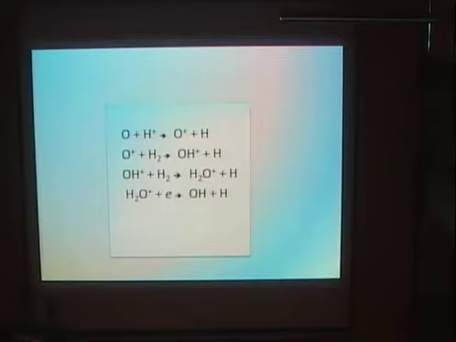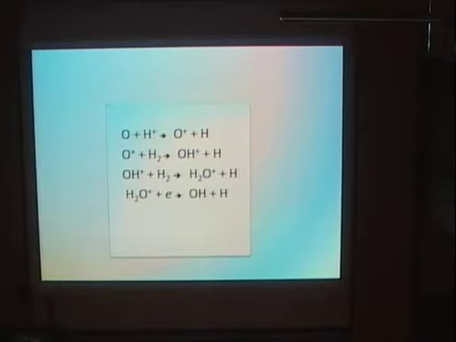So here's some of the chemistry that goes on. These reactions were first written down actually by Bill Klemperer and Eric Herbst of the chemistry department here. So what they show is that this is just an extract from a very large number of reactions.